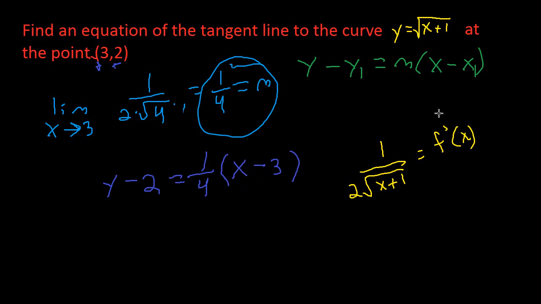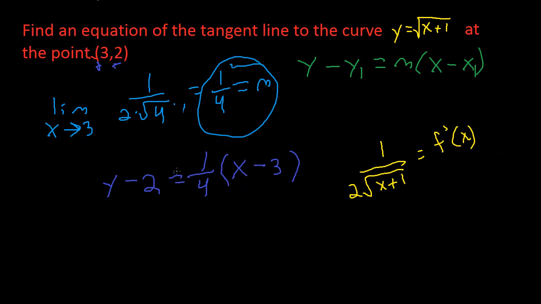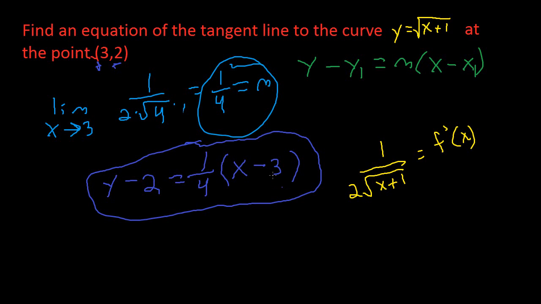And this is our tangent line, the tangent line equation, if you will. You might be asked to simplify this a bit, but you usually don't need to unless they explicitly tell you to do that. So this is indeed our final answer.